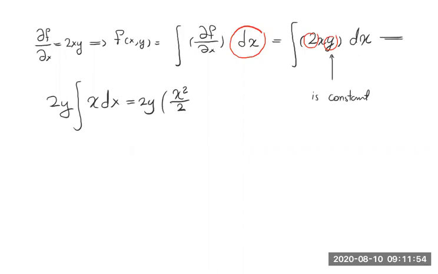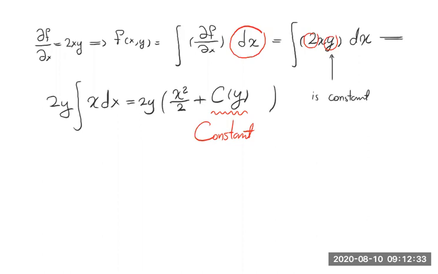But here is the only difference. I should say plus a constant, but remember, with my approach, even y is a constant. So this constant might be a function of y itself. Whenever we take an integral, at the end we add a constant, and this constant might have terms in y, because we are assuming y is also a constant.